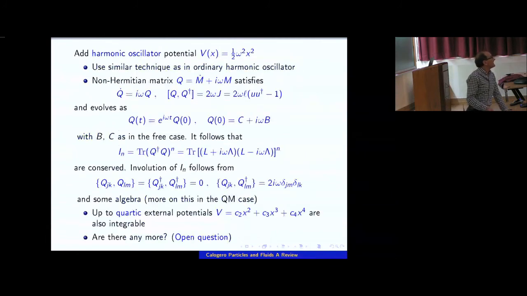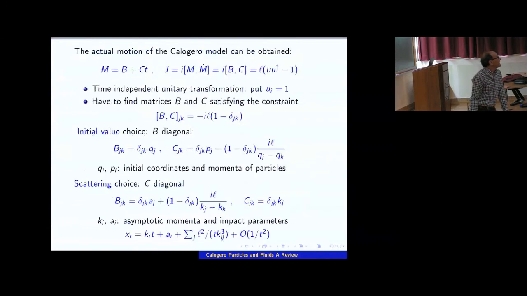Yes, sir. For a particular gauge, once you write the general solution here, you have to pick a gauge, a U. And these two gauges mean choosing one of them diagonal.